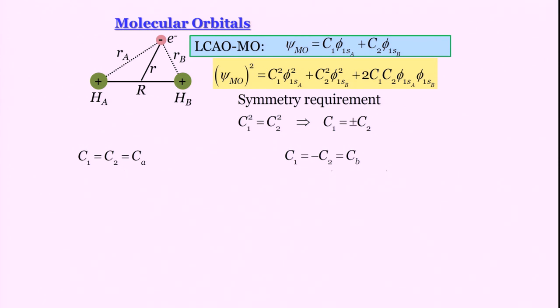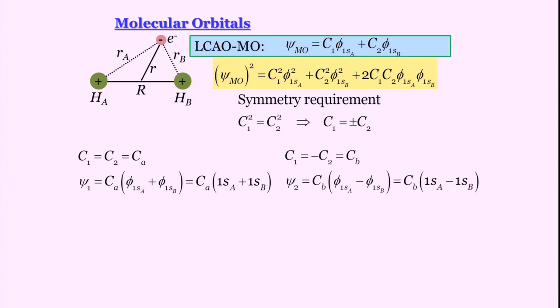Actually this is an ill-conceived nomenclature, it would have been better to call the first one Cb and the second one Ca, you will see why I am saying this. So, this is the first wave function, I take the plus combination. So, psi 1 is Ca multiplied by 1sa plus 1sb. The other one is 1sa minus 1sb multiplied by Cb.